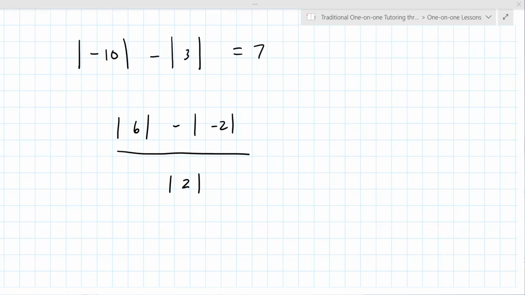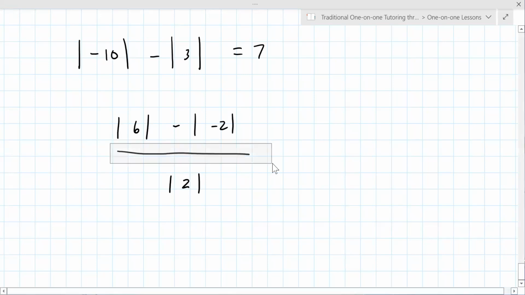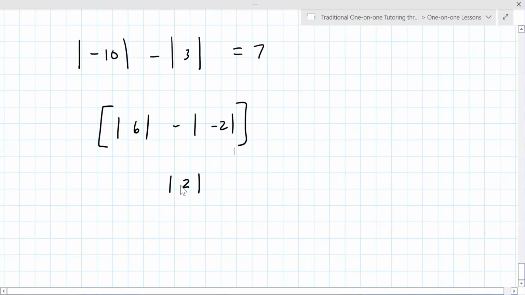What does that line right here mean? It's division. Maybe you haven't seen that yet. So let me get rid of that. Let's have you do this first, and then put this off to the side here. We'll say divided by.